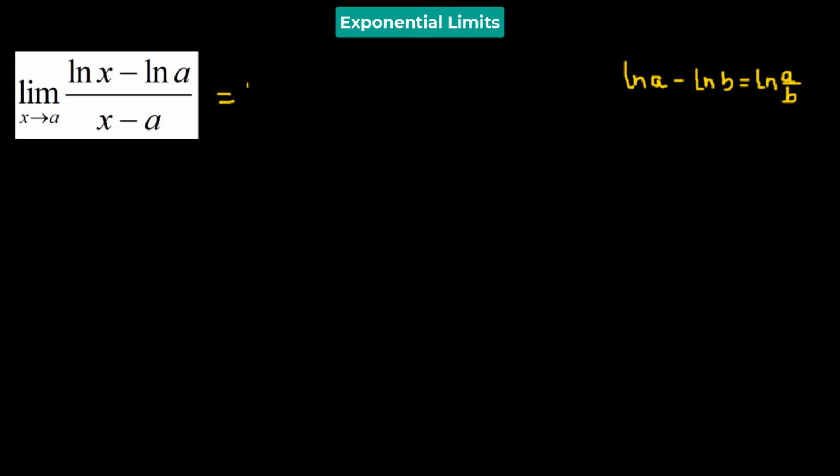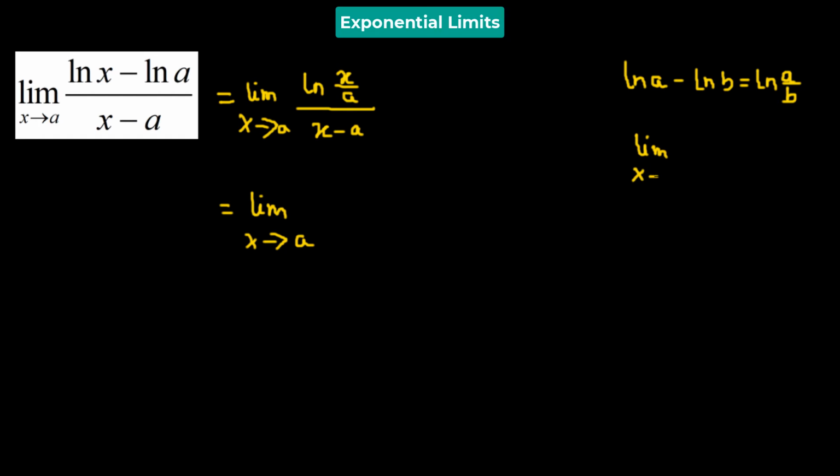So our numerator will now become the limit as x approaches a of natural log of (x over a), divided by x minus a. Now we know that the limit as x approaches 0 of natural log of (1 plus x) divided by x is equal to 1.